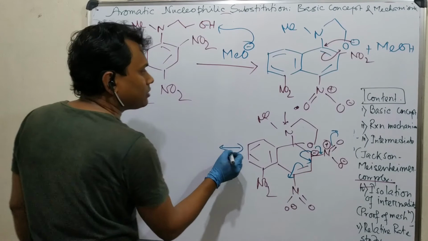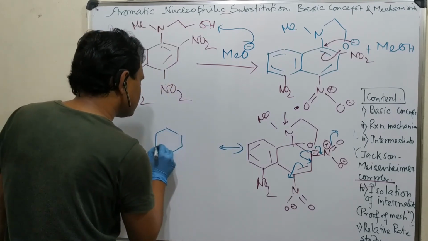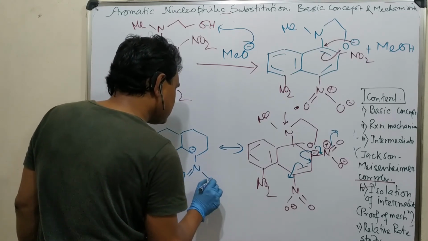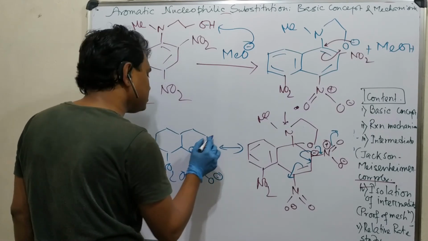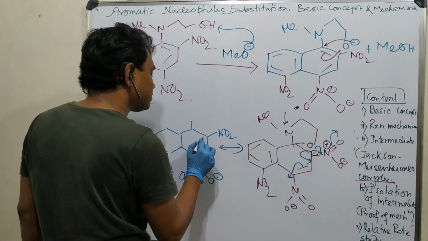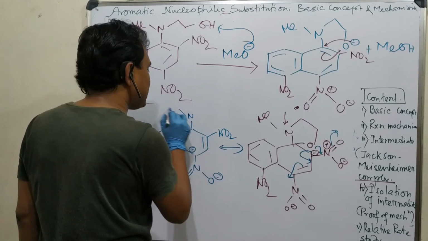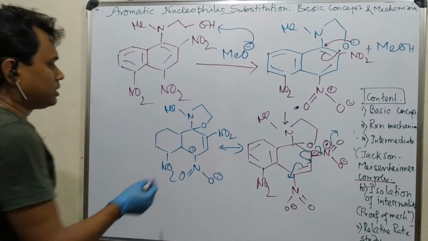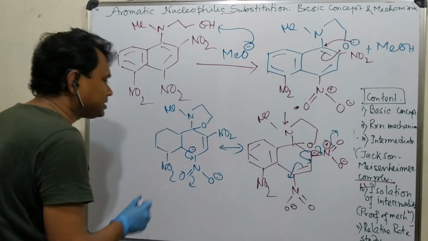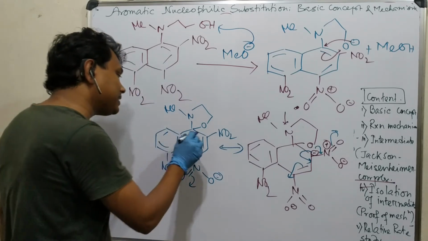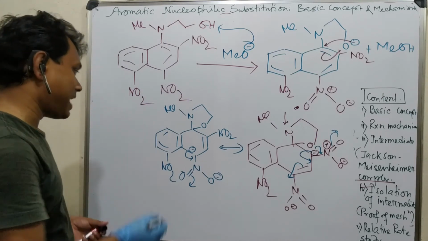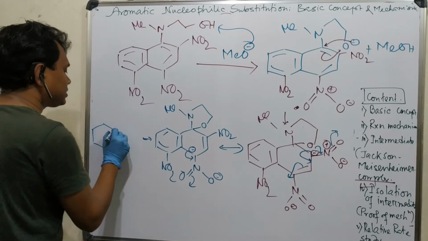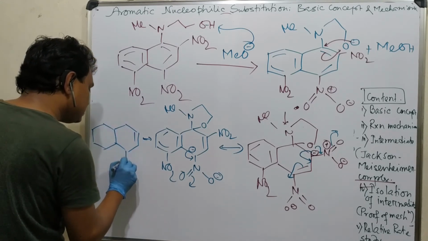So what is the canonical form? So this is the minus, this is NO2, this is NO2, fine, and here this NMe, this, fine. So this negative charge can also be stabilized here. So what does it mean? That in this way the negative charge is stabilized. Actually what remains, the actual isolated structure of that molecule is this one.